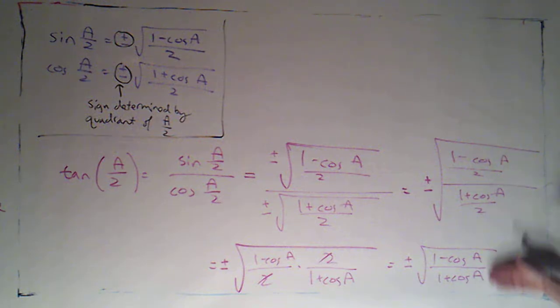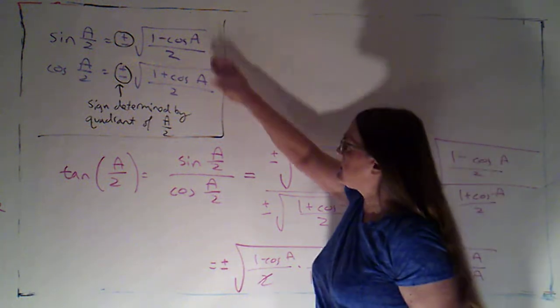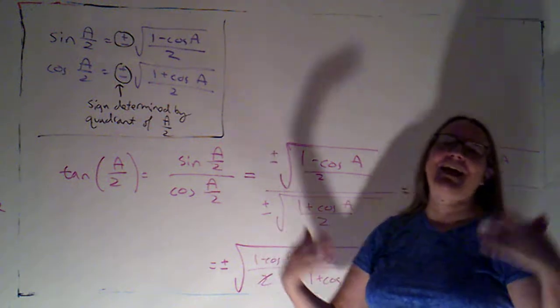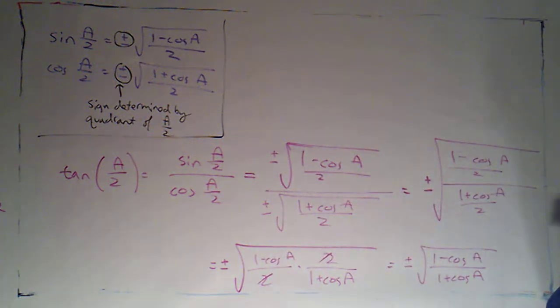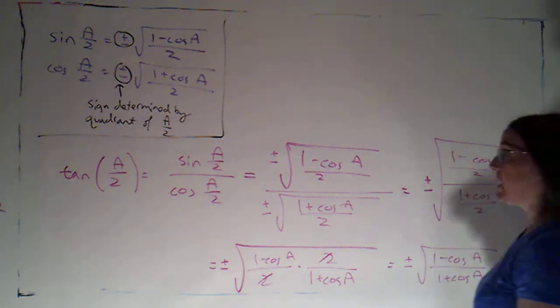So I'm going to get plus or minus the square root of (1 minus cosine A) over (1 plus cosine A). Now that is a fraction underneath a radical sign, same with the sine and cosine formulas. Anytime I use that, I'm going to have to simplify so that I don't have a fraction in the denominator for my final answer, but this is the formula that I will plug into.